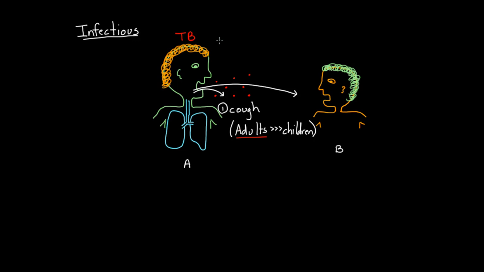Now, a second point is that you need live bacteria, right? This seems obvious that, of course, you're not going to get anyone sick if you don't have live bacteria. And the way to know that someone has live bacteria, you can actually just take some of their sputum or some of their mucus from their lungs and look under a microscope, and you would actually see what we call a positive smear.